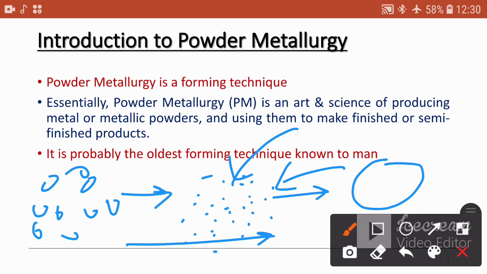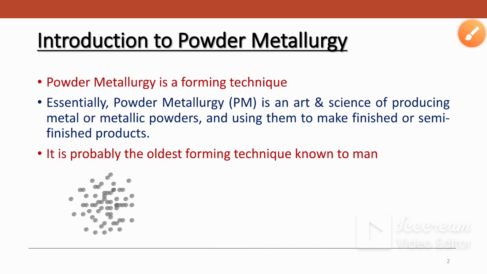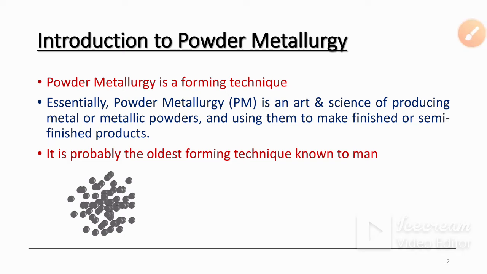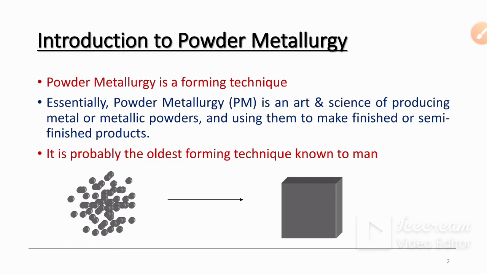So this is also a type of powder metallurgy, but this is not an example of powder metallurgy. This is just for your reference, how to remember. So this is our metallic powder, then we will create product by using this metallic powder. So this is nothing but powder metallurgy.